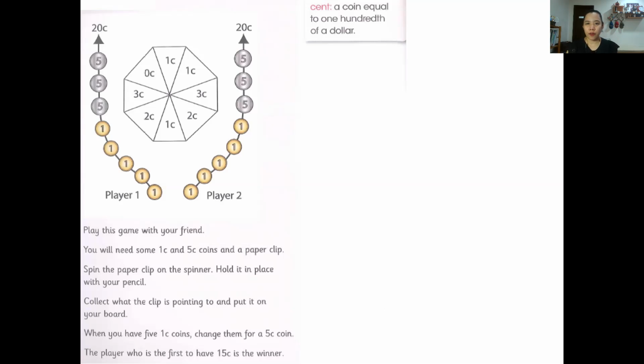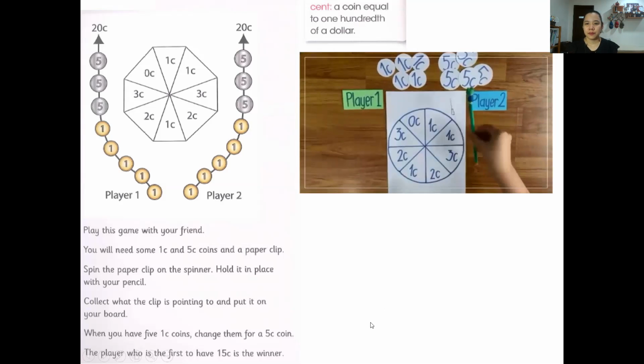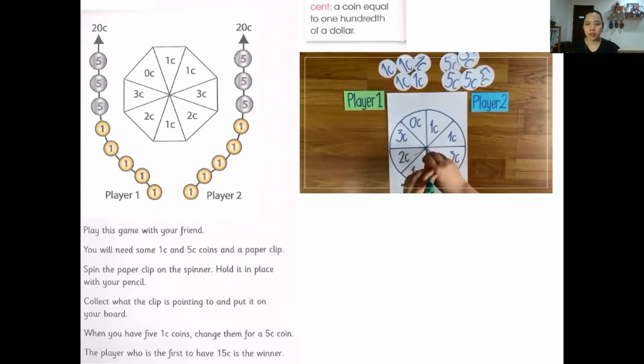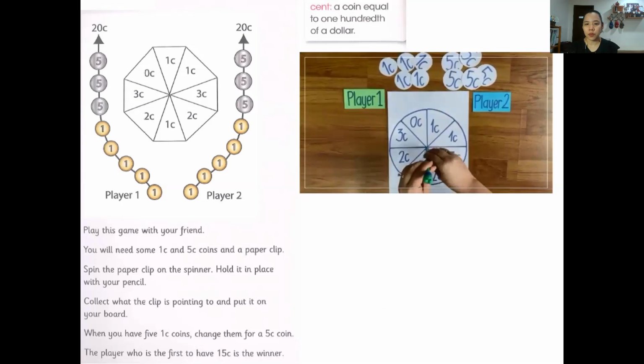So let me show you a video on how to play it. Put the paper clip at the center and hold it with a pencil.